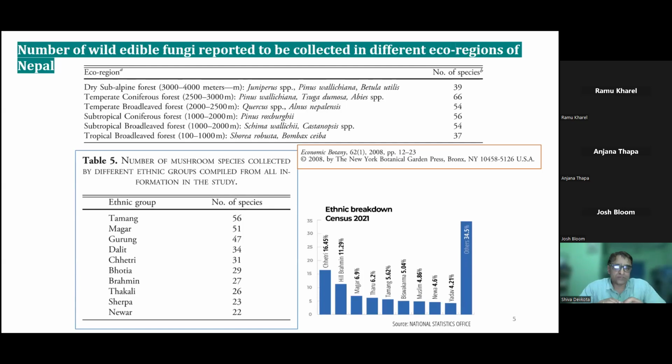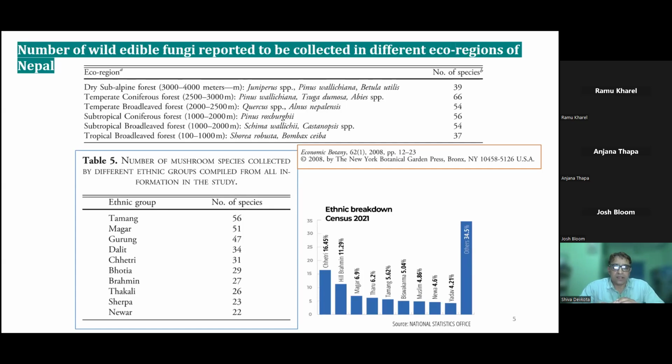Because we are talking about mushroom poisoning, if we look at the mycophilic communities, mushroom loving communities, mainly Tamang, Magar, Gurung, Dalit, Chetri, Bhotia, Thakali, Sherpa, Newar, these are supposed to be mushroom loving communities.